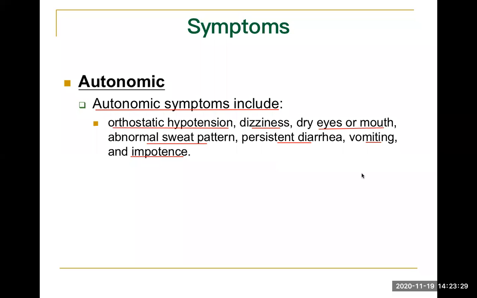So these all are the functions of the autonomic nervous system. So if they are involved, then there may be abnormality of these things. I'm sure many of these things you already know. Some are features of sympathetic nervous system involvement. Some are the features of parasympathetic nervous system involvement.